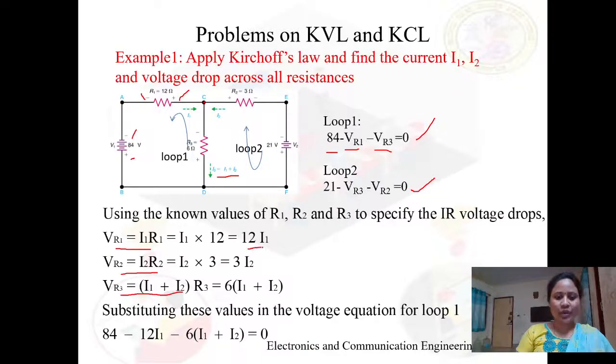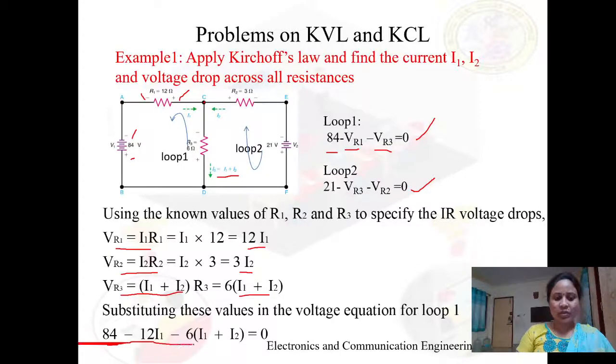By substituting, we will get the values for VR1, VR2, and VR3. Now, let us put these values in the two loop equations. Therefore, the first loop equation, that is 84 minus VR1 minus VR3 equals 0, becomes 84.